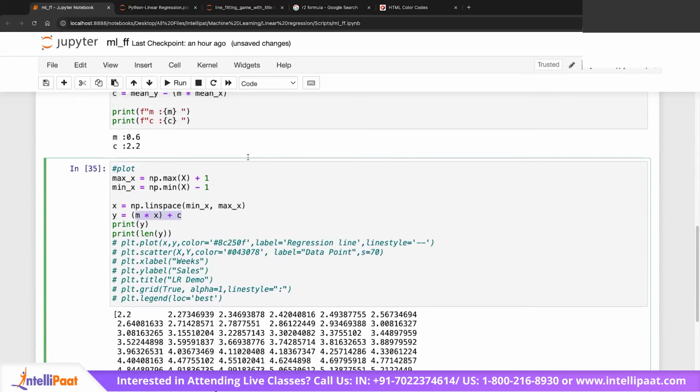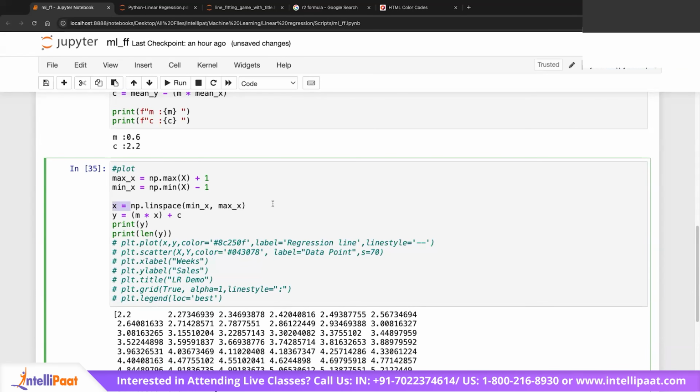Tell me one thing. When you print y is equal to m into x plus c, did I break my actual x into multiple different data points here? This is not the actual capital X, it is the small x.